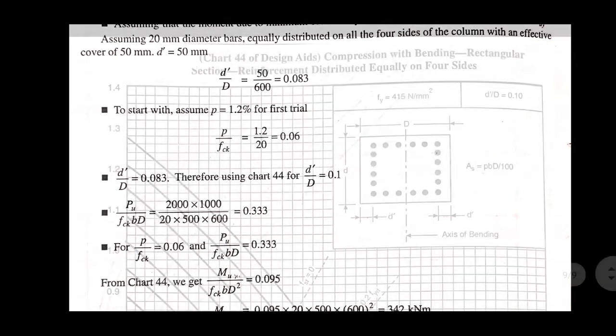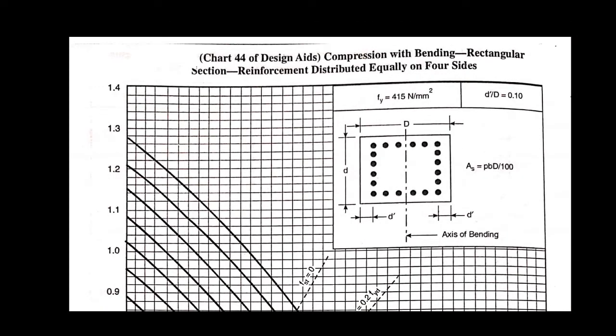Let's check chart 44. Look, this is chart number 44 of design aids, that means SP16. Compression with bending, rectangular section, reinforcement distributed equally on four sides. Okay. So for column, look, this chart depends upon Fy 415 Newton per mm square and d dash by d is 0.1.